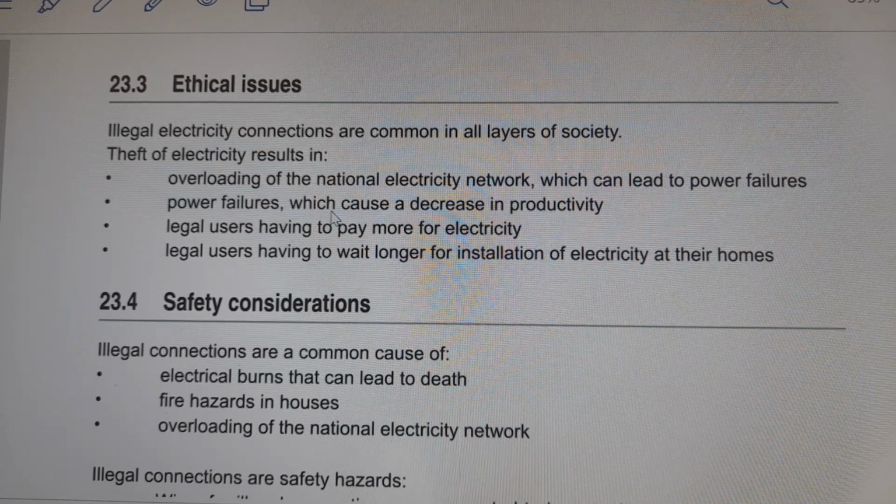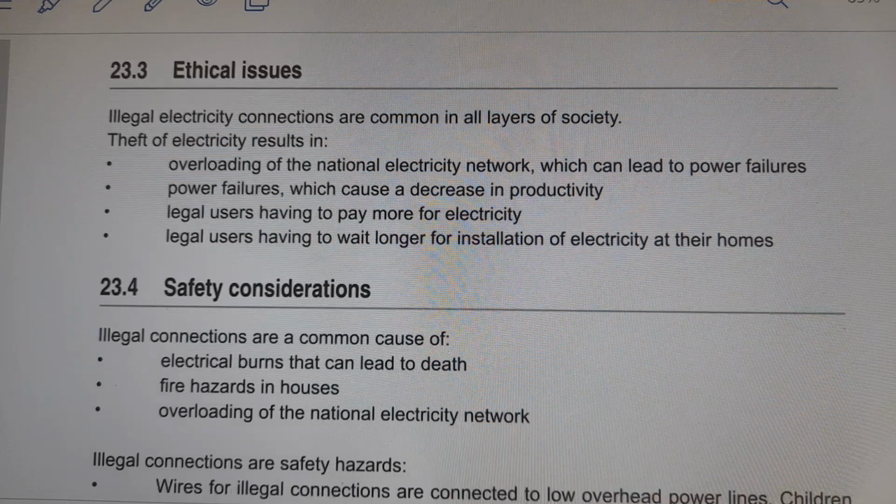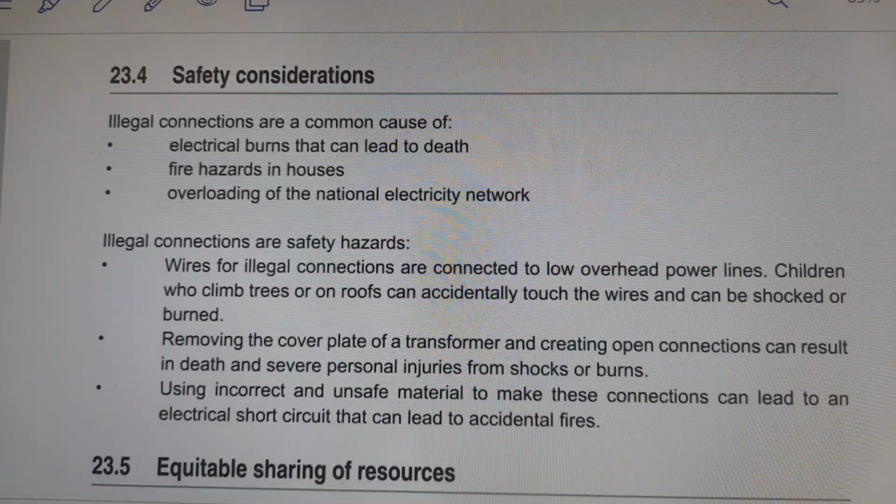And power failures cause a decrease in productivity, because in some work areas, if there is no electricity, there is no work. And then legal users having to pay more for electricity, and legal users having to wait longer for installation of electricity at their homes.